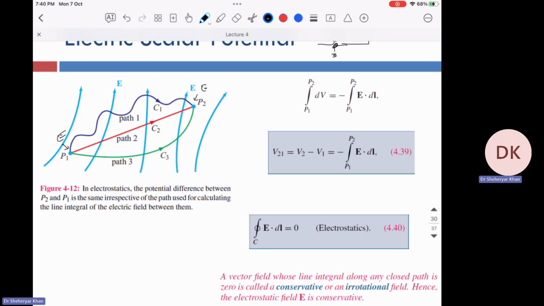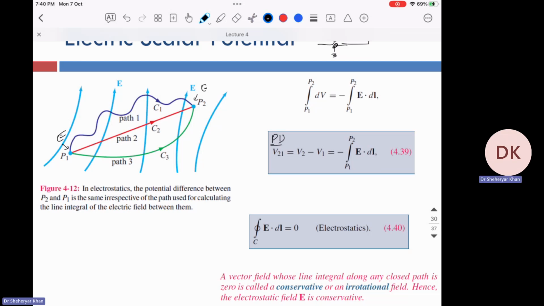In a more real world scenario, we can write dV in the form of V21, what we call a potential difference, equal to V2 minus V1, equal to negative integral from P1 to P2 of E dot dl. Now, what does this formula tell you?